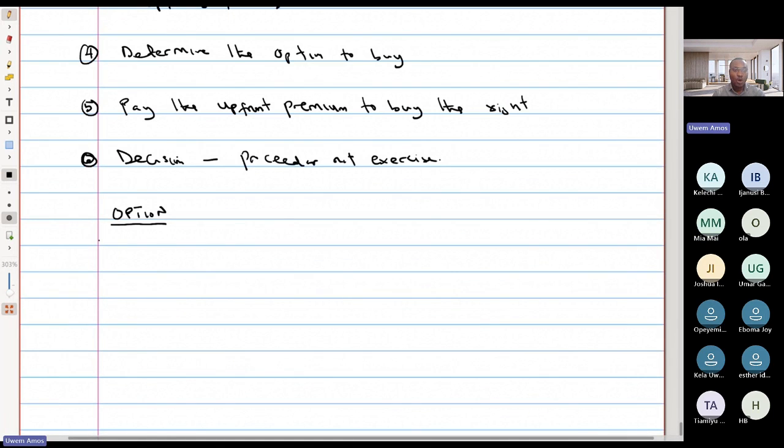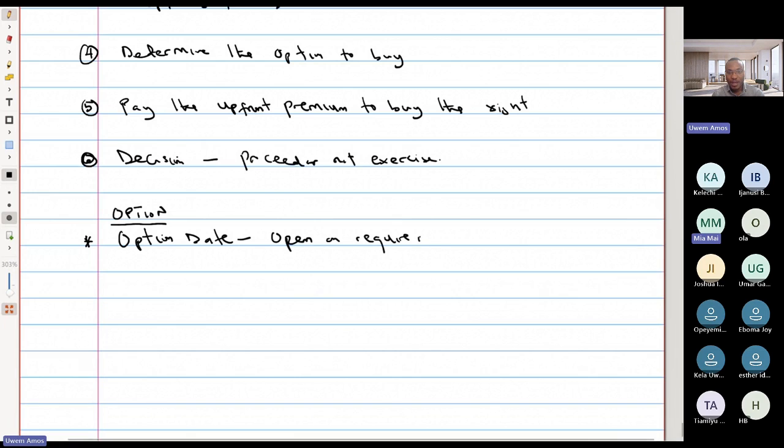We said that the option date would be the option that is open on a requirement date. So our first question would be, when do we need to make the payment?